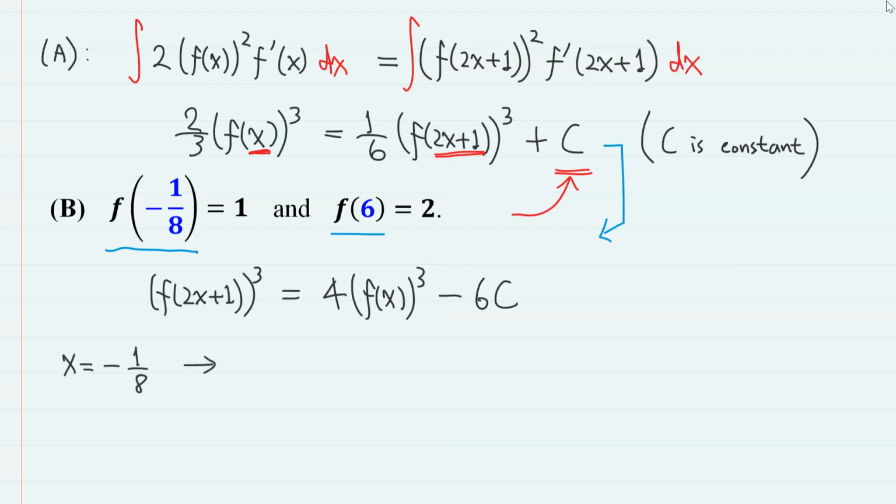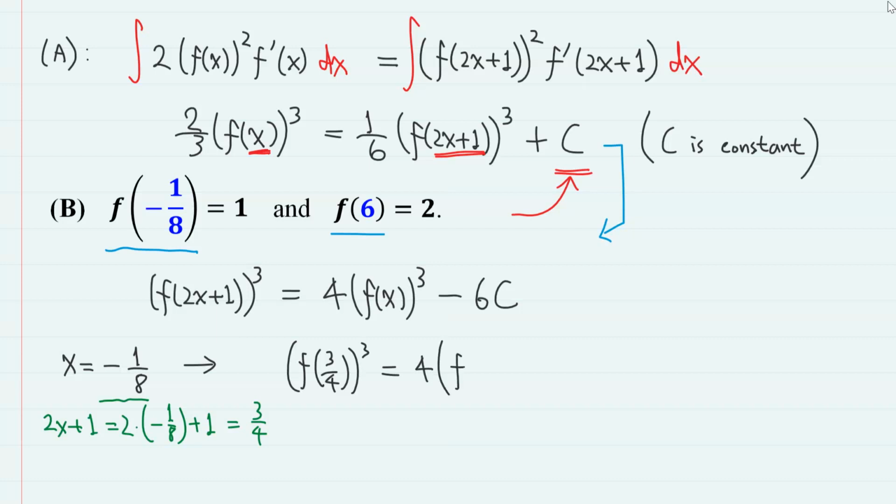Now let's see what happens when we substitute x with -1/8. Then 2x+1 is 2 times -1/8 plus 1, so it is 3/4. So on the left-hand side we have f(3/4) cubed equals 4 times f(-1/8) cubed minus 6c.